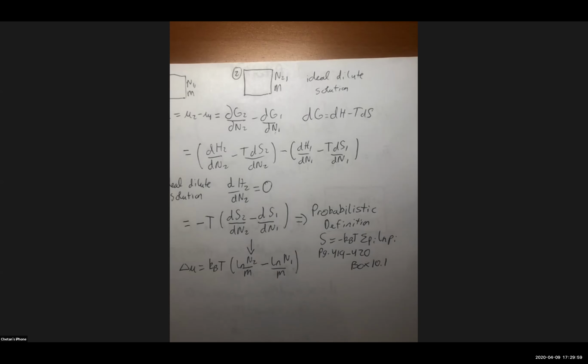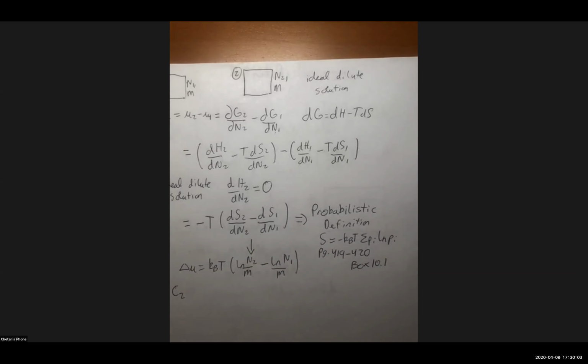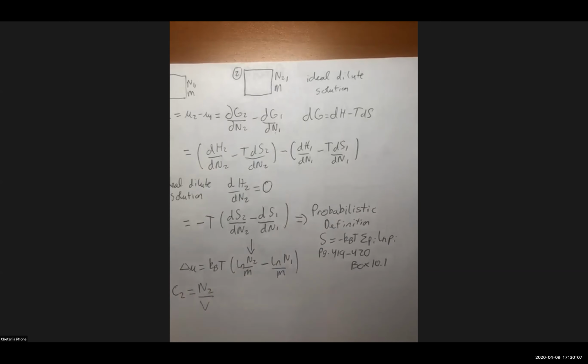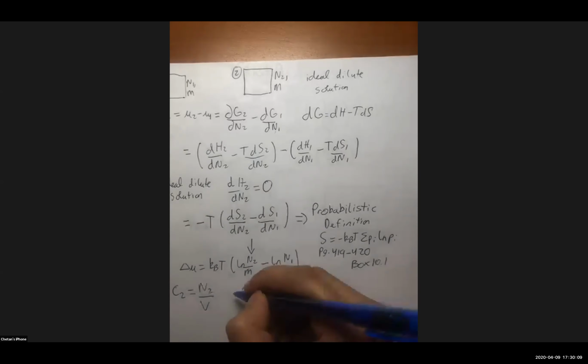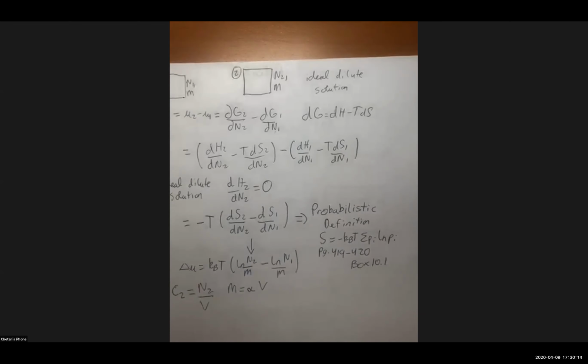And from here, we can simplify this using concentration and substituting in for M. So we can define concentration as number of molecules divided by volume, right? And we also know that M can be equal to alpha times volume.